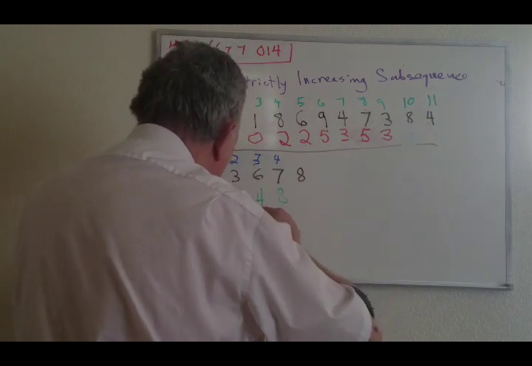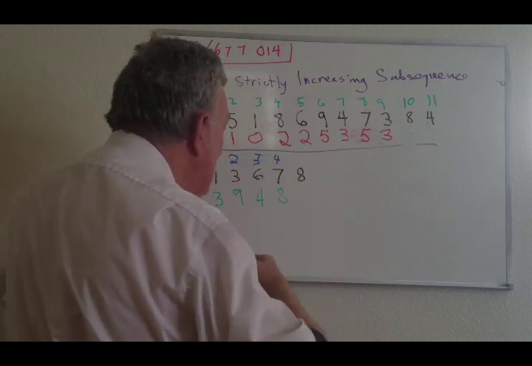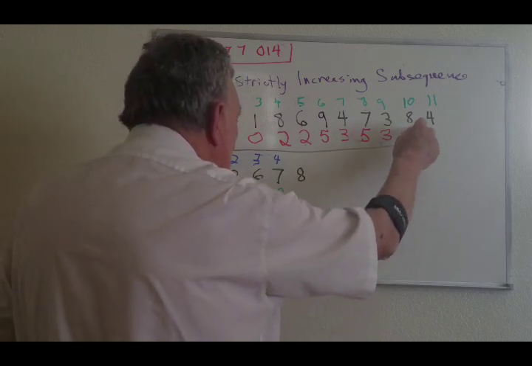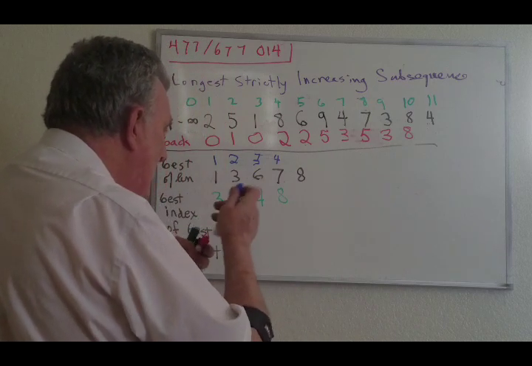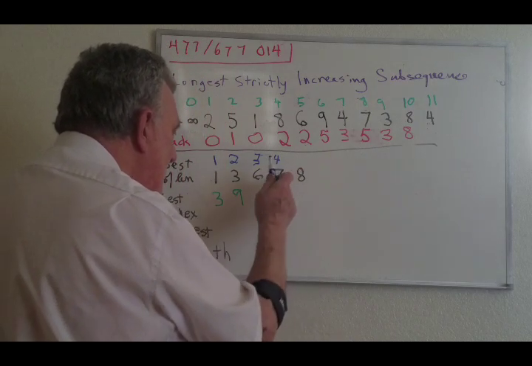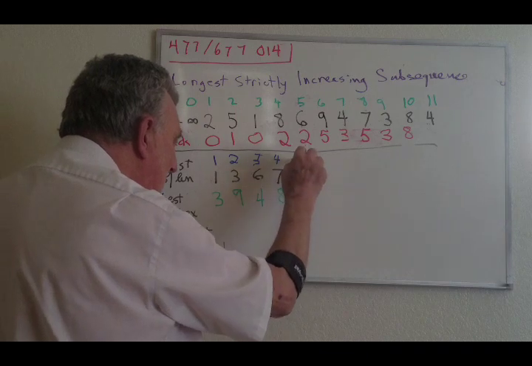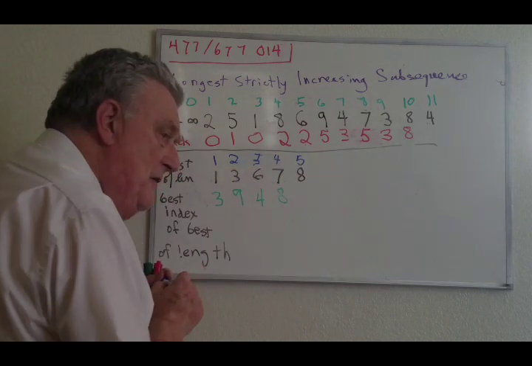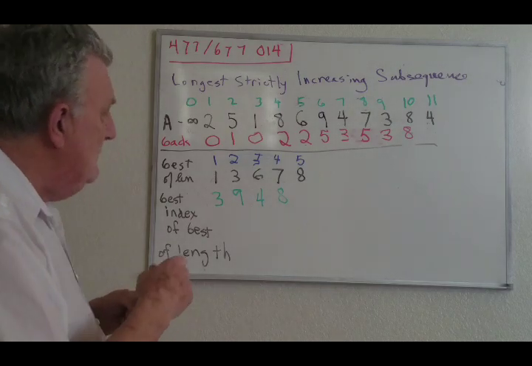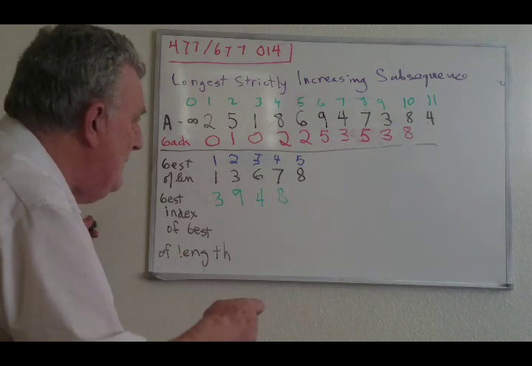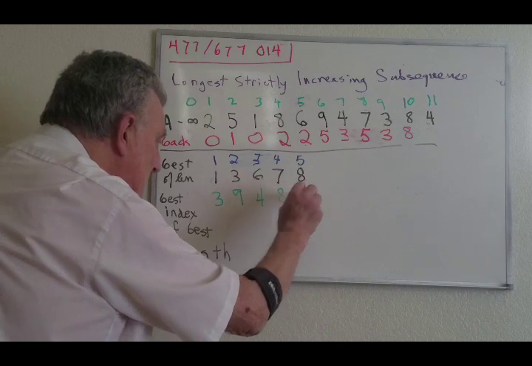So that's the back pointer there is 8, pointing to position 8. And you notice now we get a subsequence. Since this subsequence has length 4, we get an extra length here. It's now length 5. And this particular item is in position 10.